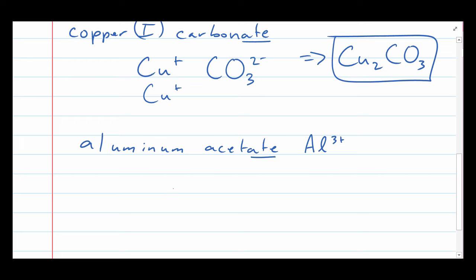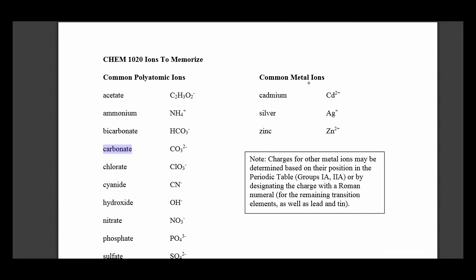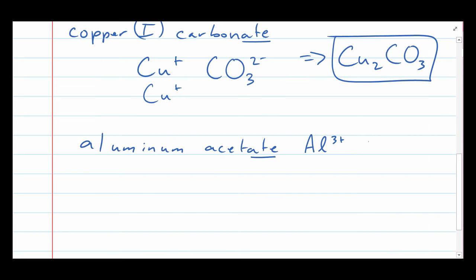The ATE suffix on acetate tells us this is a to-memorize ion. So where do we have that? Not here. Right here. This is our acetate ion, C2H3O2, with a single negative charge.